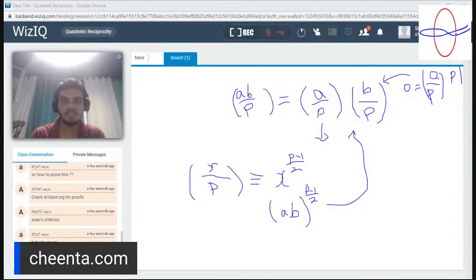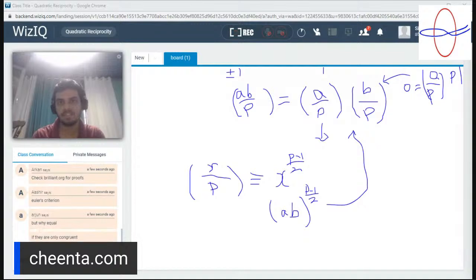Because these are numbers which are just +1 and -1, both the left hand side and the right hand side have to be strictly equal to +-1. So if they are congruent, then since by definition the Legendre symbol values are restricted to be +-1, this has to be true, correct?